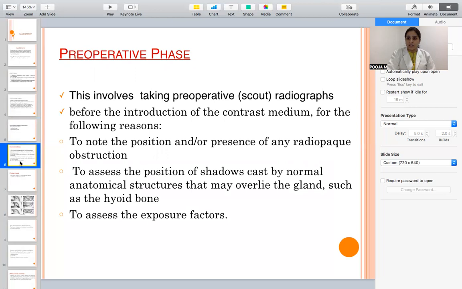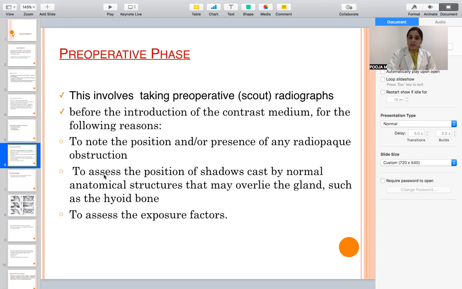The radiograph could be an OPG, a lateral oblique view, an occlusal view, or a PA view. Any of these radiographs can be taken before the introduction of a contrast medium, so that through this radiograph you know the position or the presence of any obstruction within the duct.